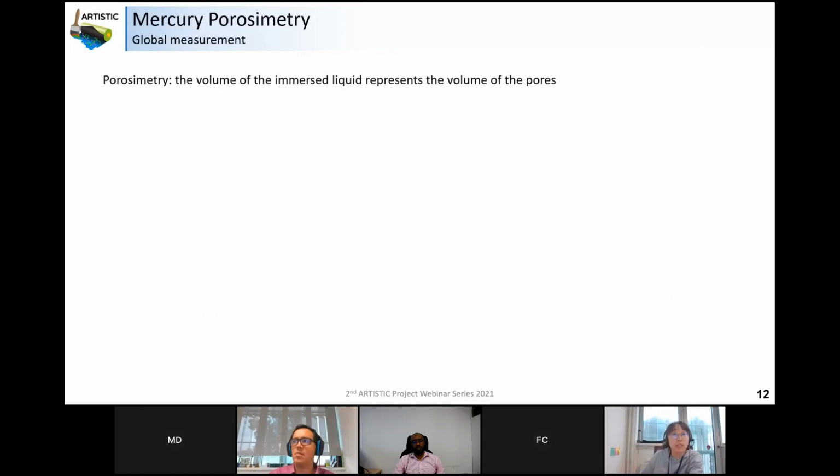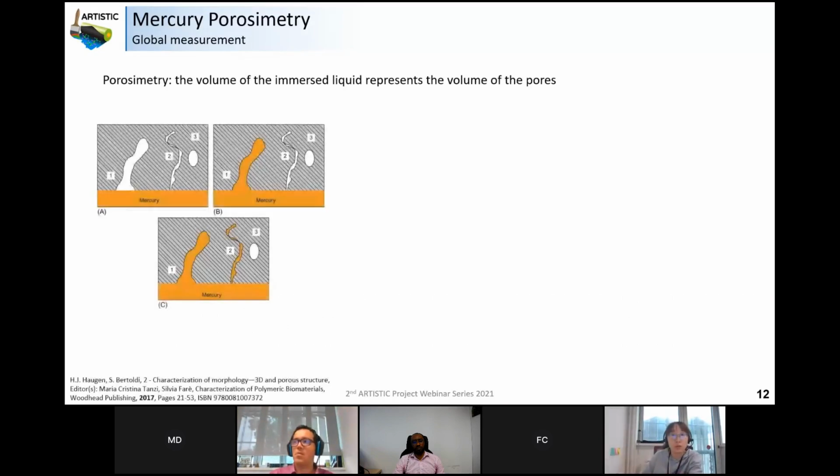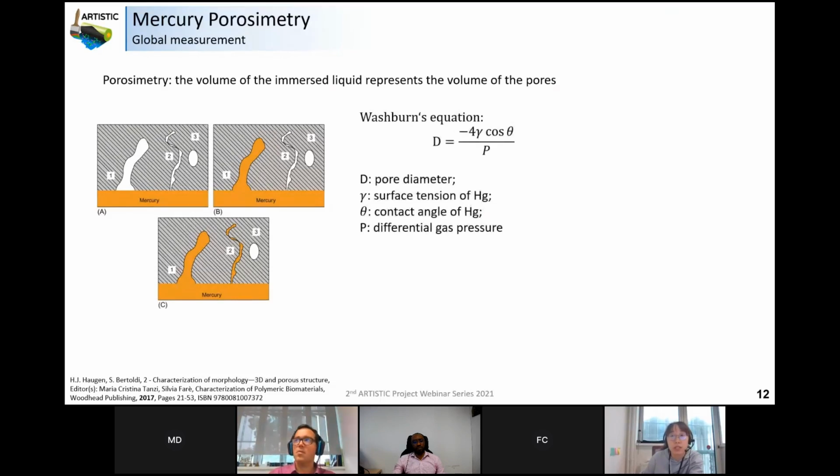Porosimetry is an analytical technique used to determine materials' pore structure, in particular pore size and pore size distribution, by intrusion of a liquid. Mercury, as a non-wetting liquid, is introduced into the pore structure with increasing pressure.